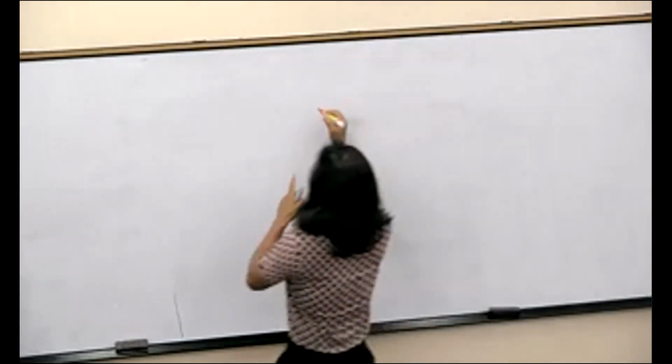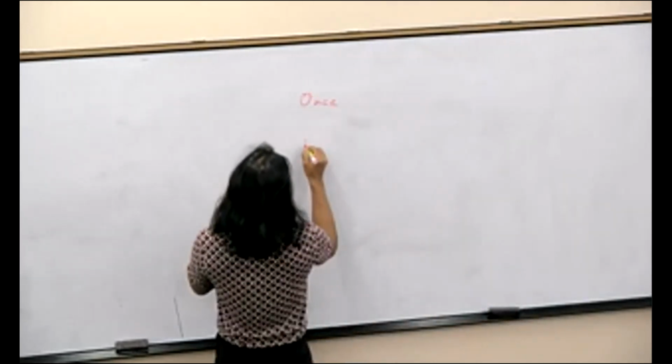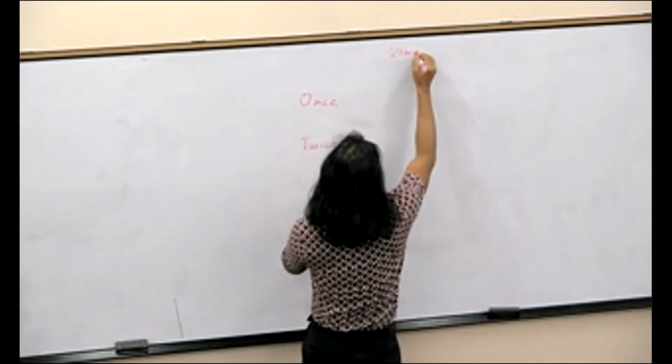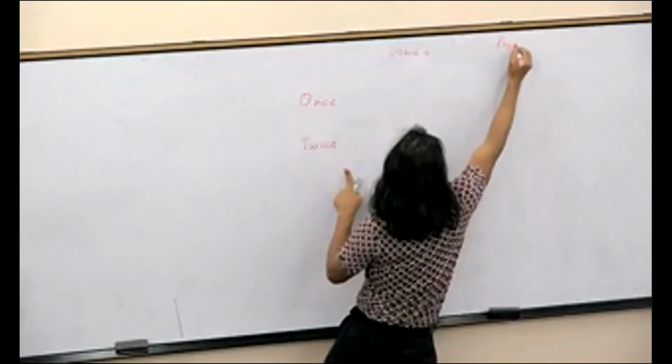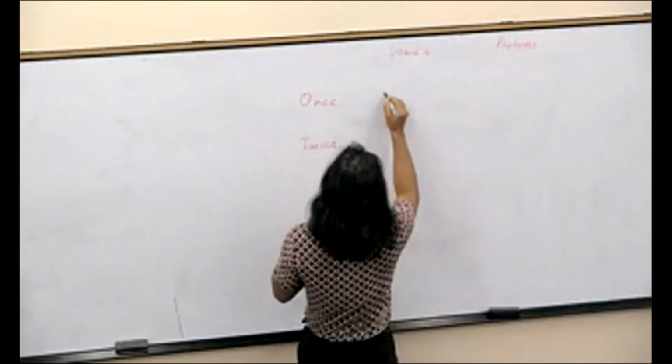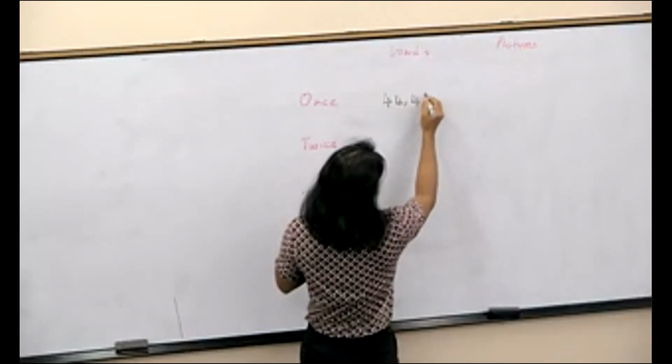Description, going to have once, twice, words, pictures, writing observations, and what are they called? It's these blanks.